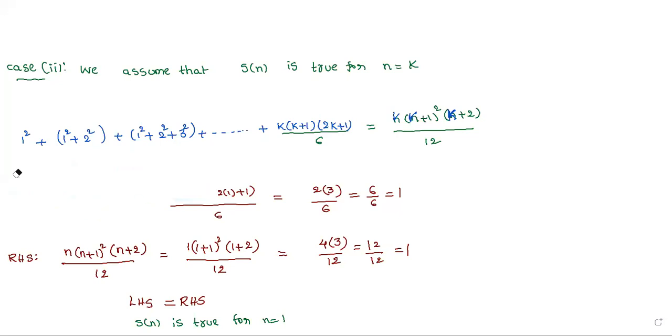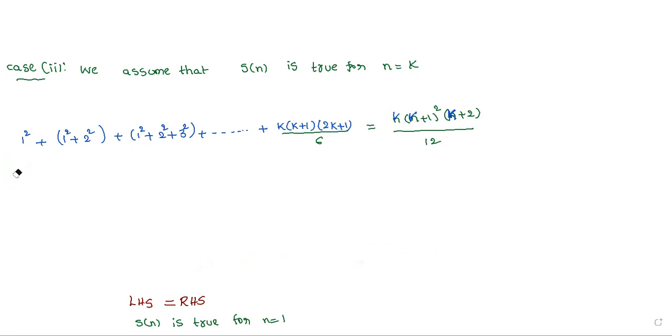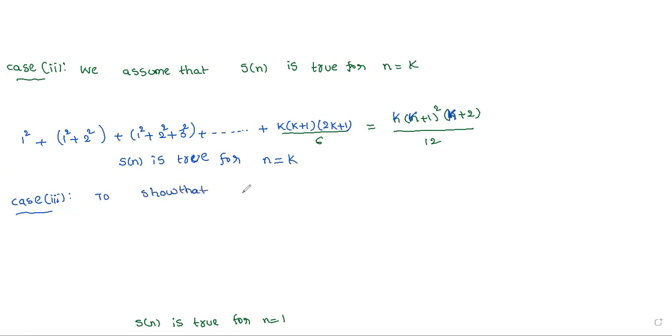S of k is true, that is S of n is true for n equal to k. Next, case 3. To show that S of n is true for n equal to k plus 1.